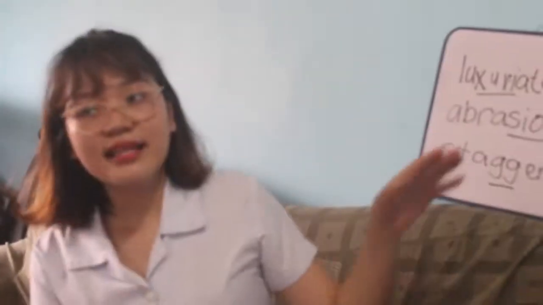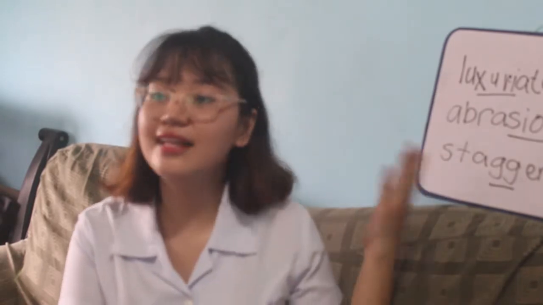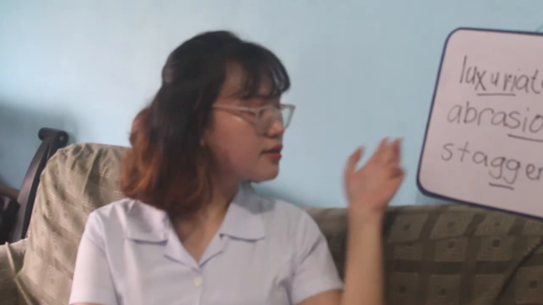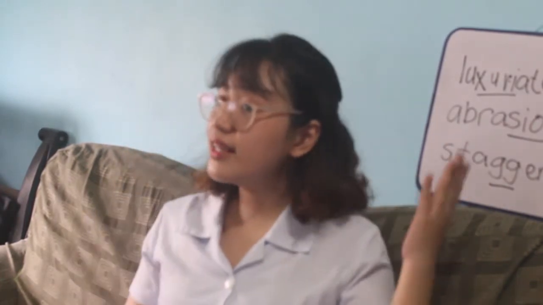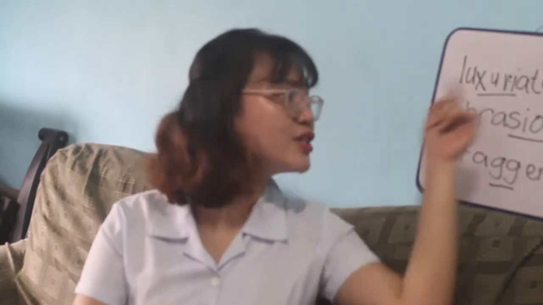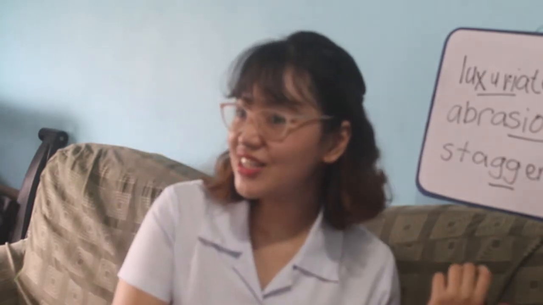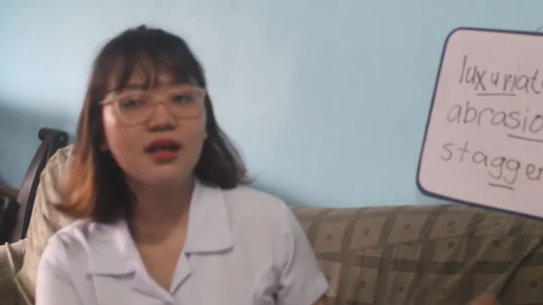Okay? Now read these words on your own, loud and clear. Luxuriate, abrasion, staggered. Okay. Now that we've got these words already, we will define each one so you can understand the selection properly. Let's define them one by one.